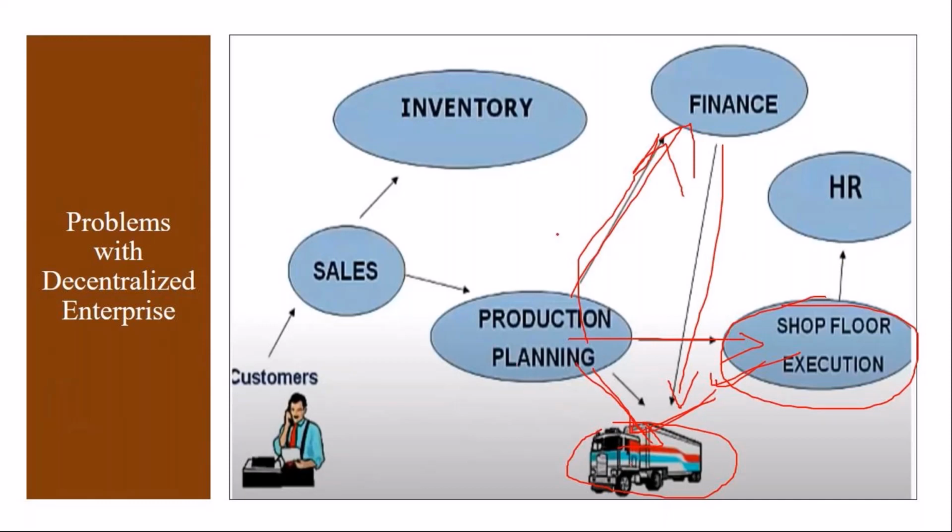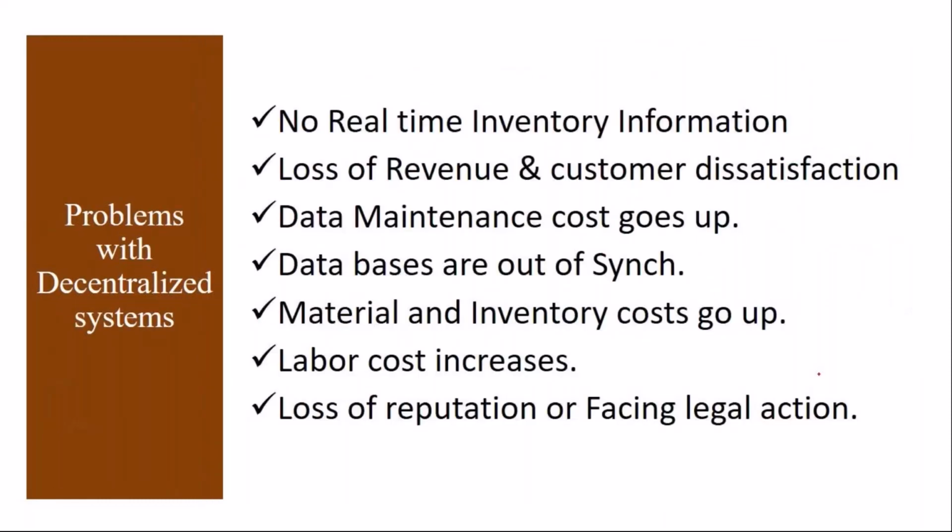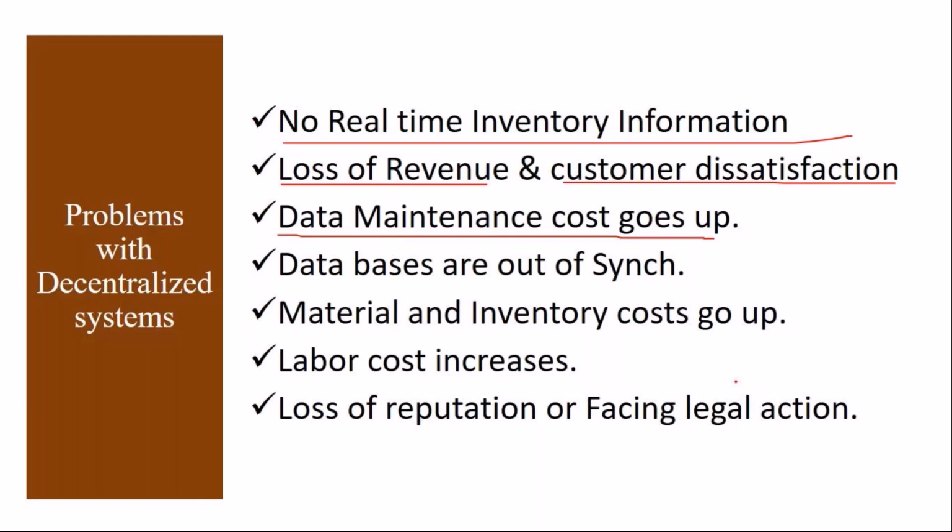So these kinds of things are some of the problems if you have decentralized systems. The problems we identified are no real-time inventory information, loss of revenue, and customer dissatisfaction. As you are having many systems, your data maintenance cost goes up, and the databases may be out of sync.